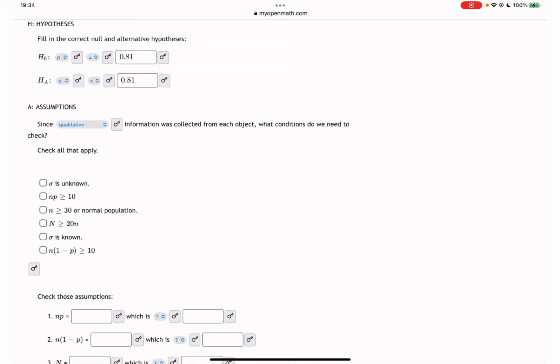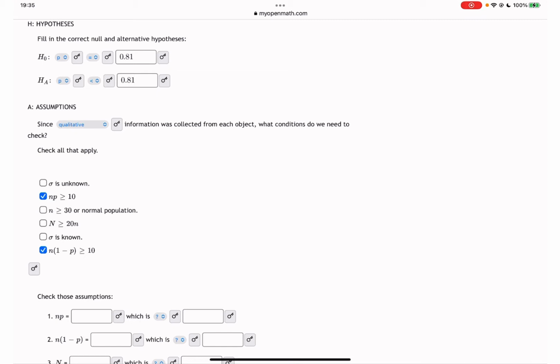For a hypothesis test like this, the first condition is that n times p is greater than or equal to 10. Second, n times 1 minus p has to be greater than or equal to 10.